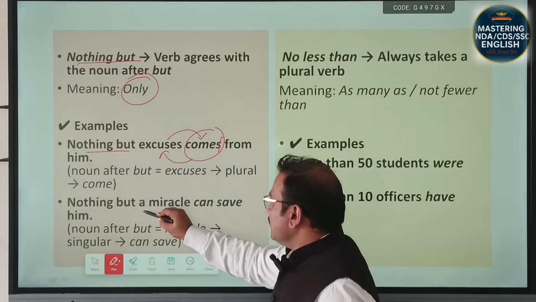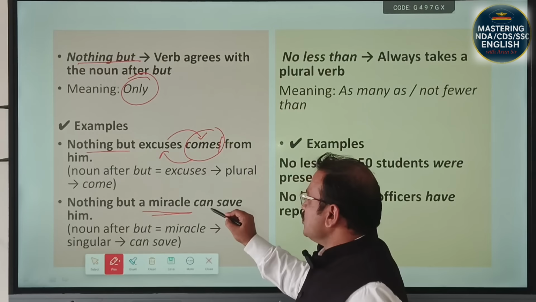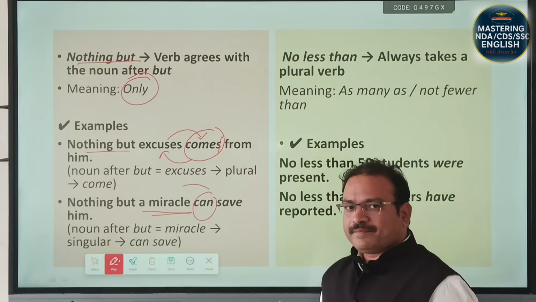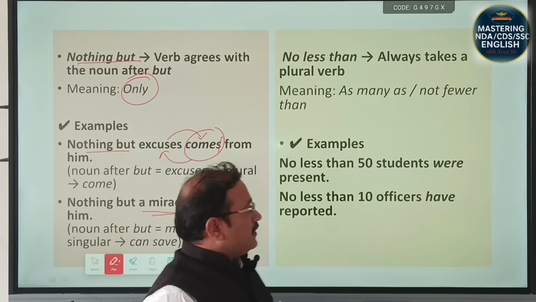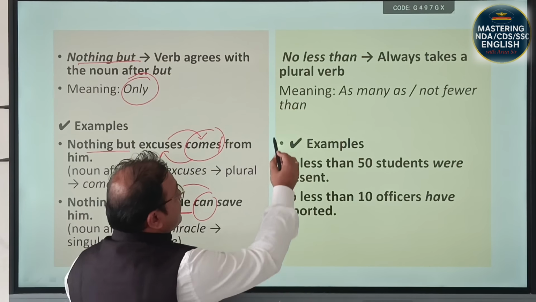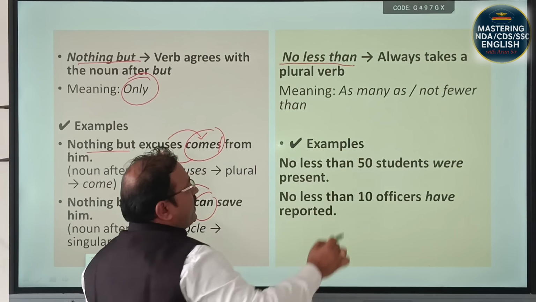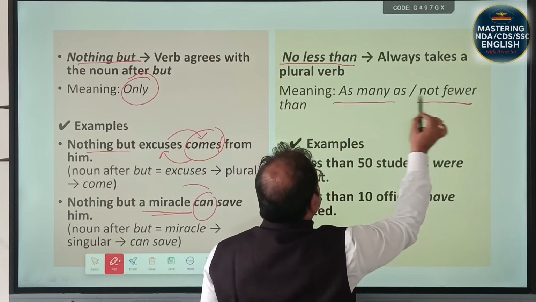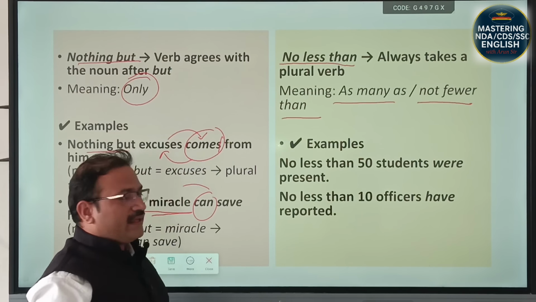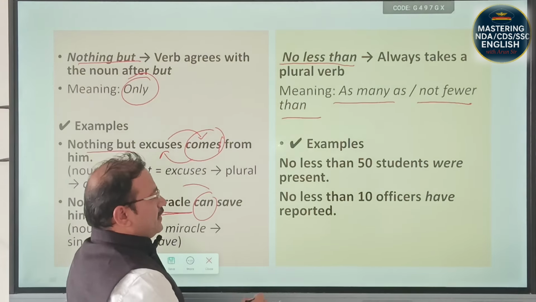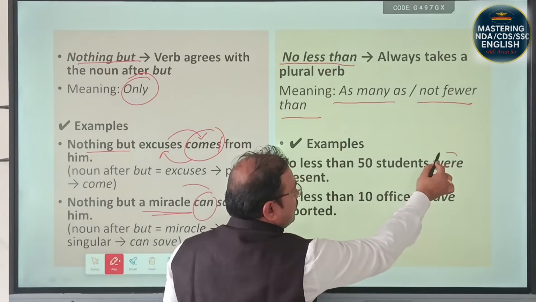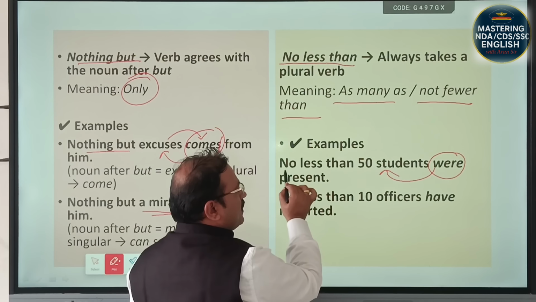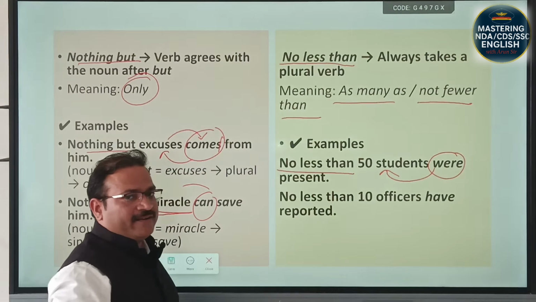Nothing but miracle, singular, can save him. Now in the same line, if the sentence begins with this expression no less than, means as many as, not fewer than, in this case, again, the verb agrees with the subject which follows the expression no less than.